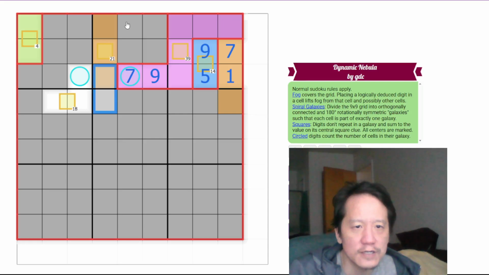It cannot extend here because it's blocked by there. Can't go here, so this is out. Can't go here, therefore, because of this cell. We're obviously excluding these. It would have to go here, but then this would be 5 in size, and we already have a 5 there. Therefore, no matter what, this galaxy must go this way.